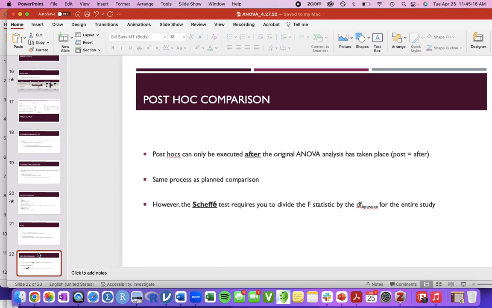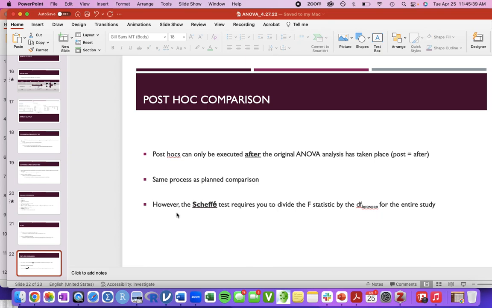That's why we do an ANOVA. If we find an ANOVA that's not significant, or we fail to reject the null, we're not going to do any of these other tests. There's just no reason to. I'll talk about a planned comparison in just a moment. I'm going to show you how to do this all by hand, and I'll also show you how to do it on Jamovi in a little bit.